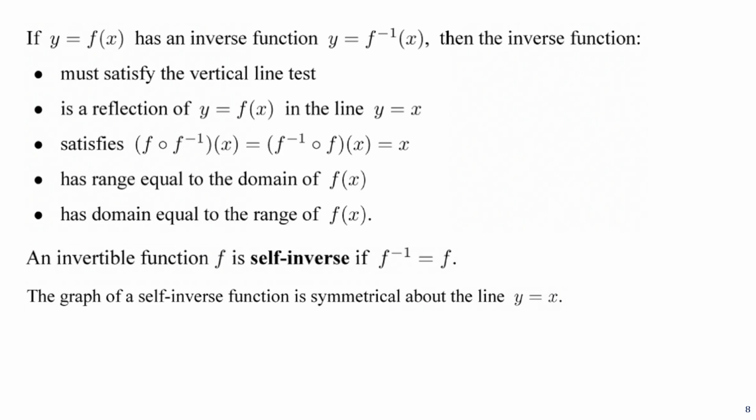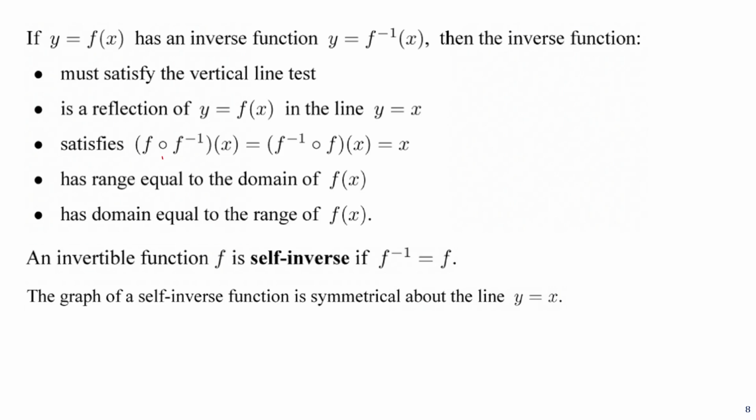So I'll give you some examples when we review the exponential and logarithmic function, because these two functions are inverse of each other, and their graphs are symmetrical in the line y equals x. So we'll have a look at that later. And also we have the following property. f of f inverse of x.